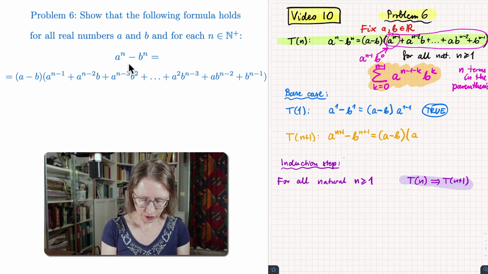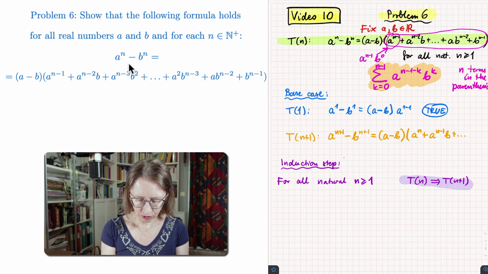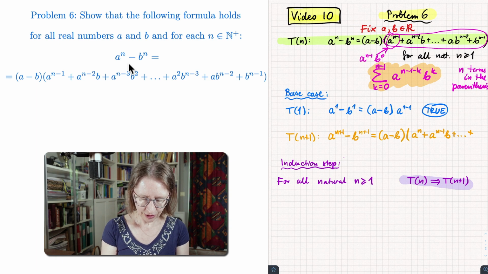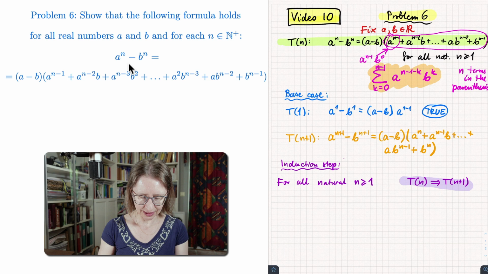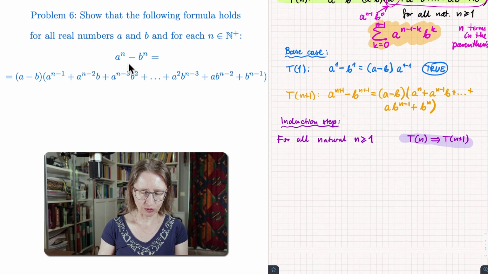So we will get first a to n, then a to n minus 1 b, and so on, and at the end we will have a times b to n minus 1 plus a to 0 and b to n. So this is our thesis for n plus 1.